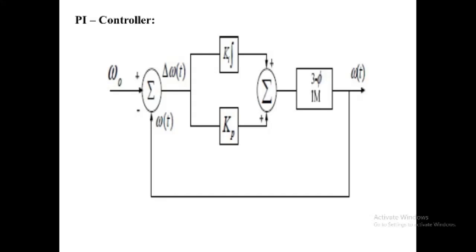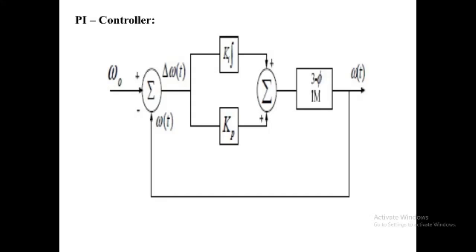This problem can be solved by introducing the derivative mode, which is the ability to predict what will happen with the error in the near future, and thus to decrease the reaction time of the controller. These PI controllers are very often used in industry, especially when the speed of the response is not an issue.